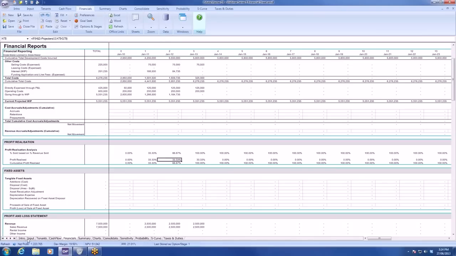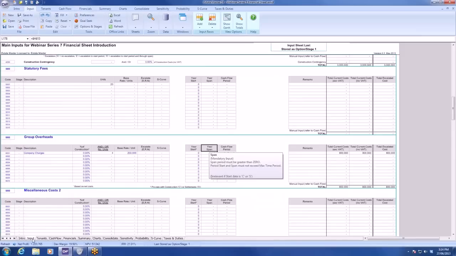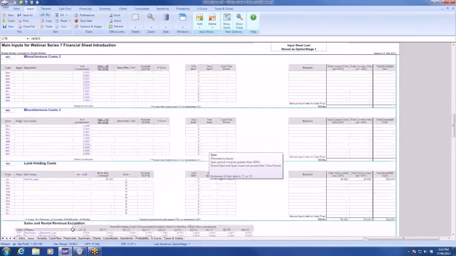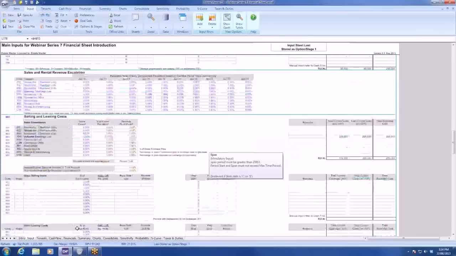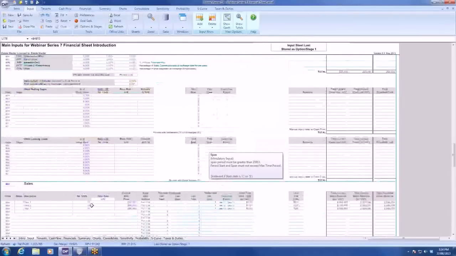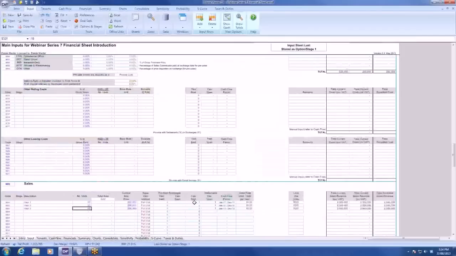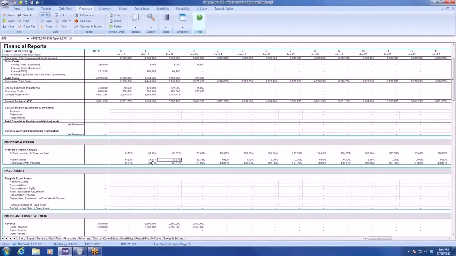In my assumption, I assumed that we sold 10 lots per annum, starting from year 1, going through into year 3. So it is an even spread of sales: 10, 10, 10, so 1/3 in year 1, 1/3 in year 2, and 1/3 in year 3.